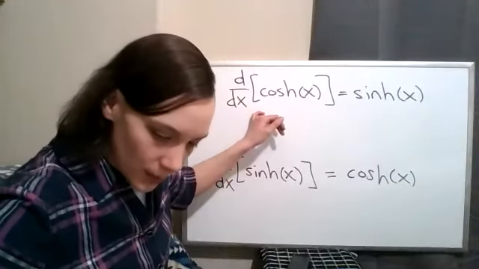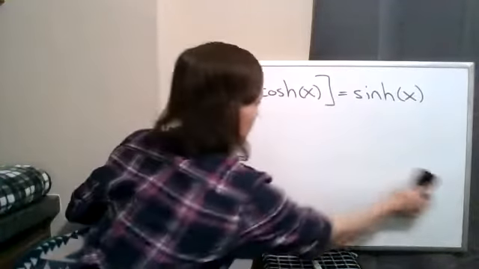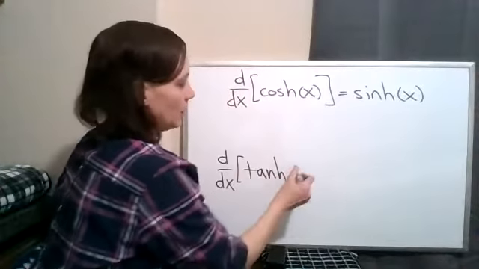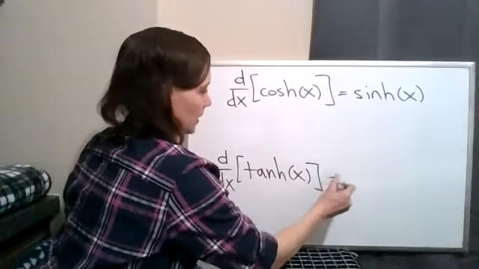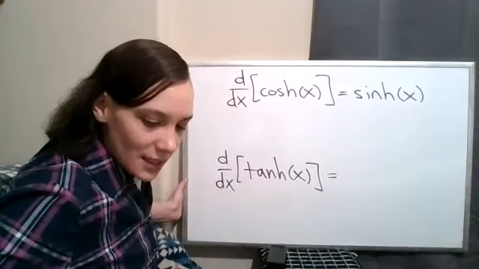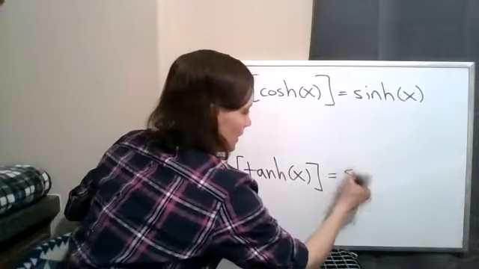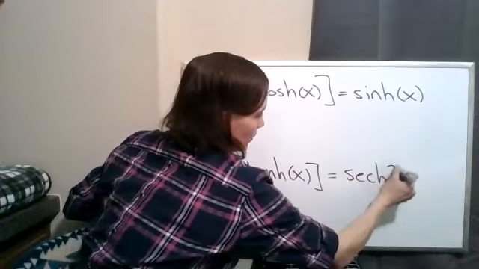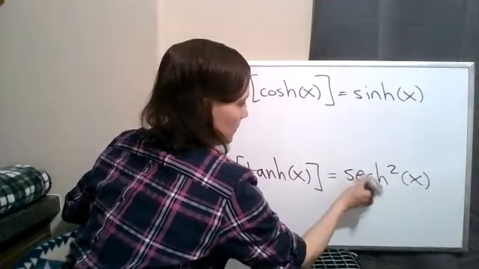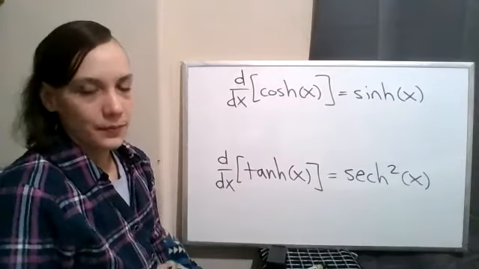Let's do tangent. Tanh of x. And we get, let's check it out, hyperbolic secant squared of x. So SECH squared. 3 more.